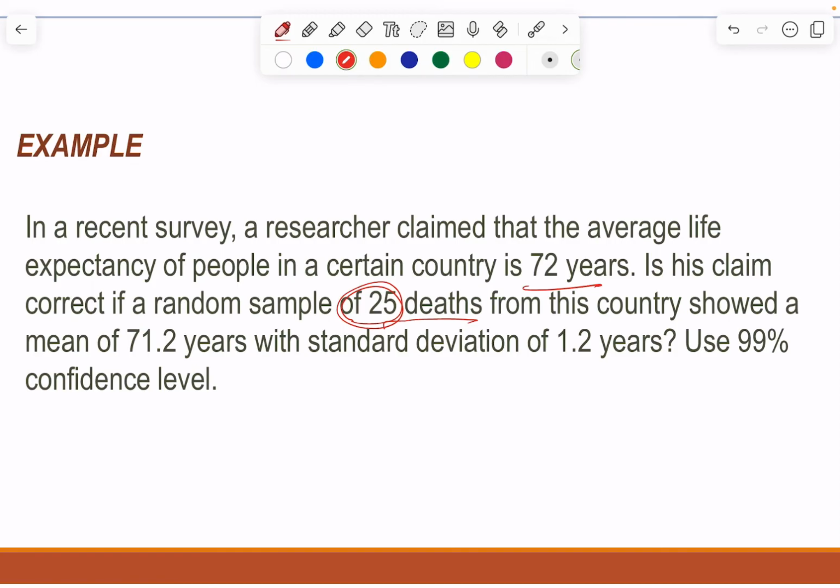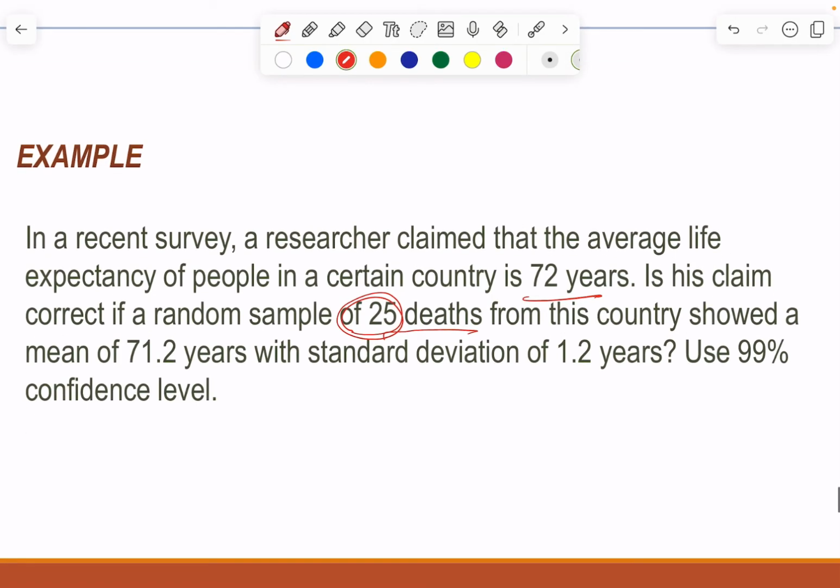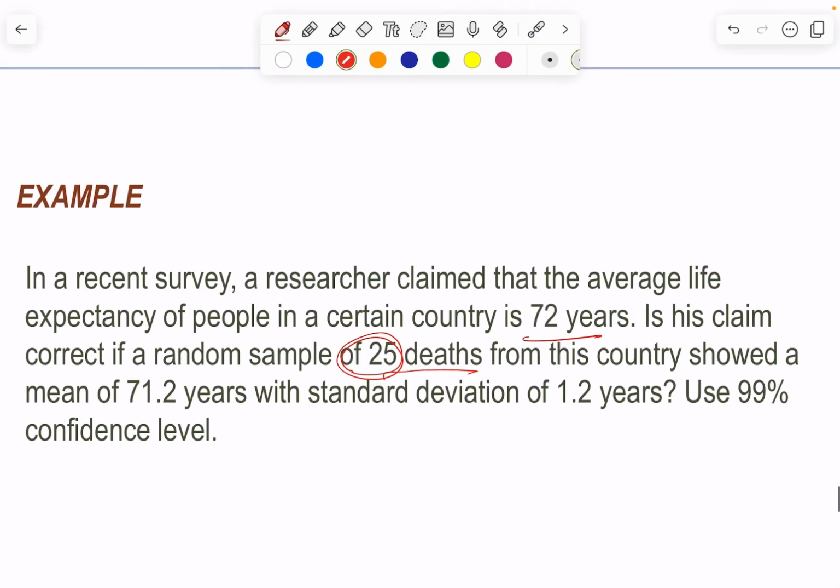Use a 99% confidence level. Now, what is the first thing we look at in the problem in order to know what test we'll use, either a z-test or a t-test? We will look first at its sample size.